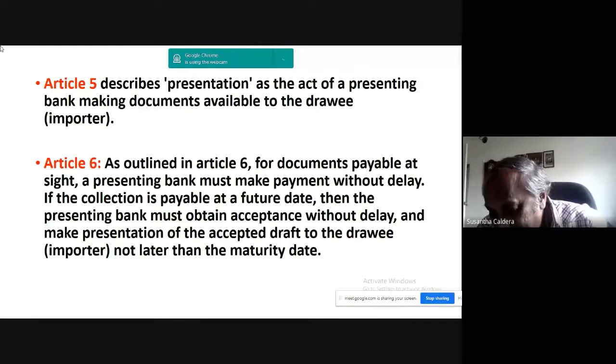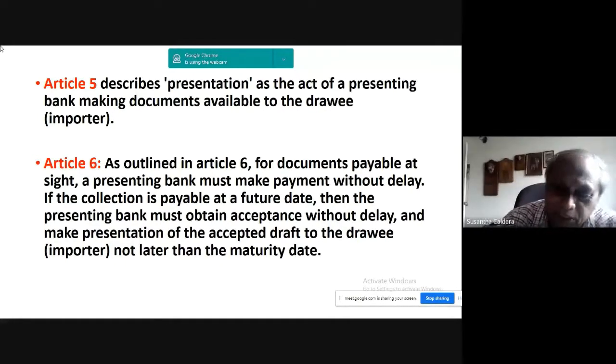So till 60 days, you should not keep quiet. You have to keep on pressing your customer, right? Okay. Article 6.